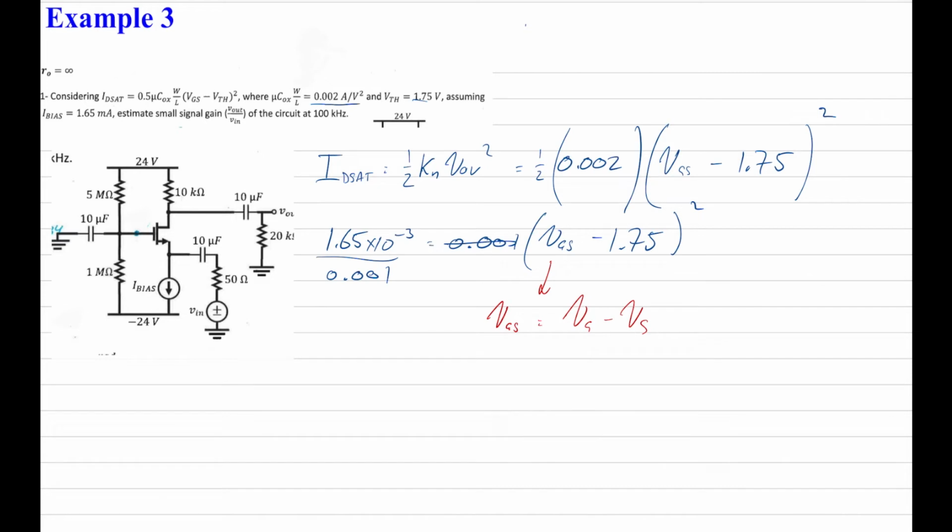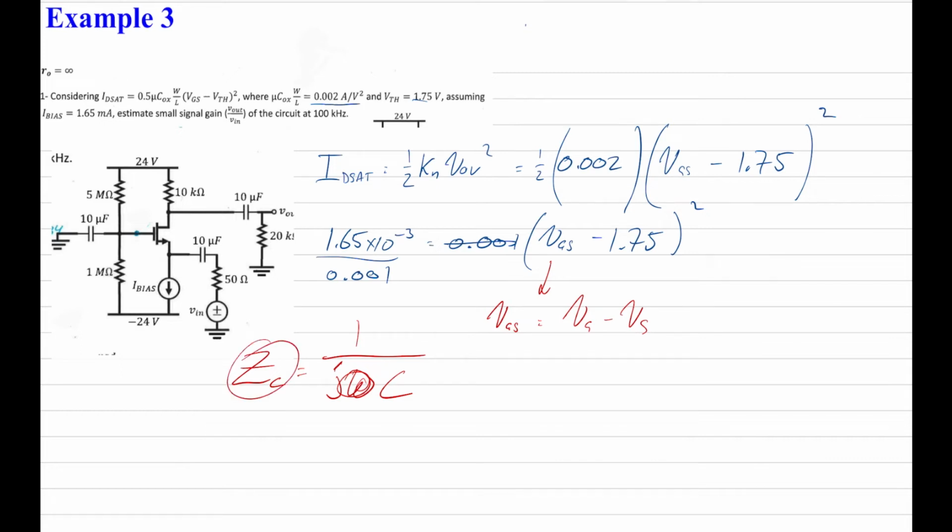The important thing to remember when we're working out the bias voltages at DC is that we take all the capacitors: the impedance of a capacitor is 1 over j omega C, and at DC omega becomes 0, so the impedance becomes infinite.